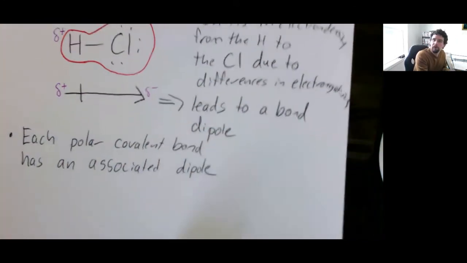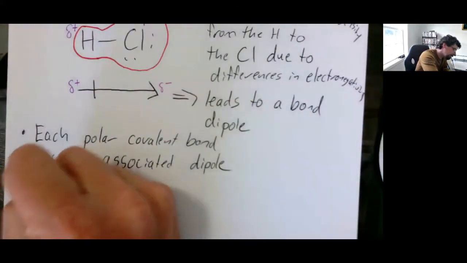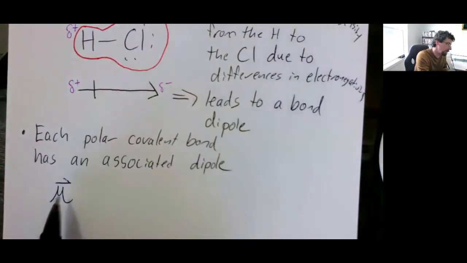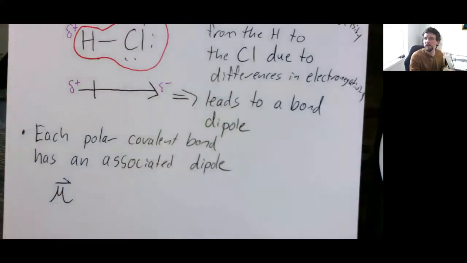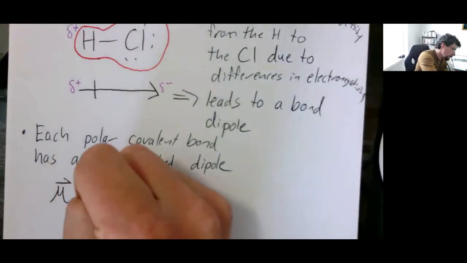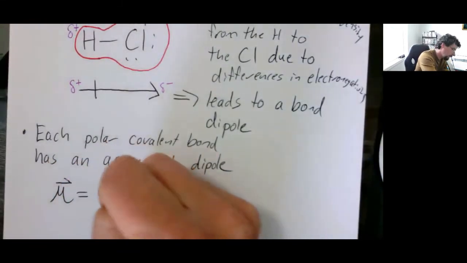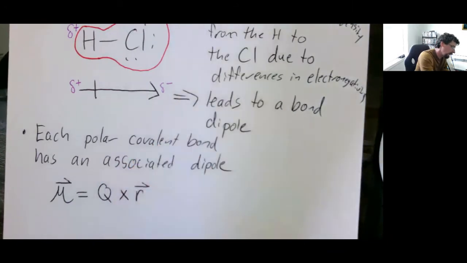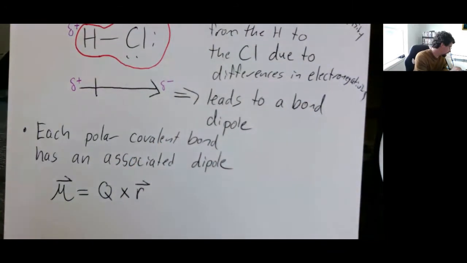And now the dipole moment, the formal definition of it, we give it the symbol mu with an arrow above it, meaning it's a vector. So vector-like quantities not only have a magnitude, but they have a direction. It is equal to the charge times the distance between those charges.